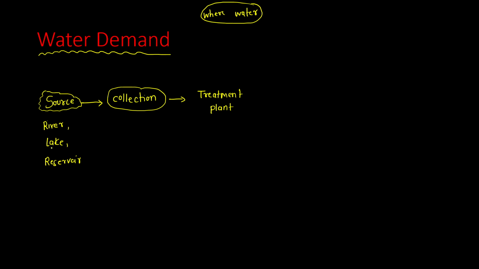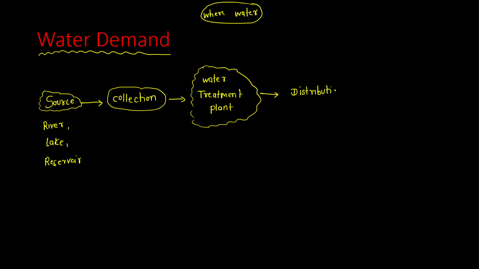So we have to treat this water before drinking, and the place where it is treated is called the water treatment plant. Very, very important. All the treatment processes of the water are done here. After this process, we get clean and healthy drinking water, of good quality.